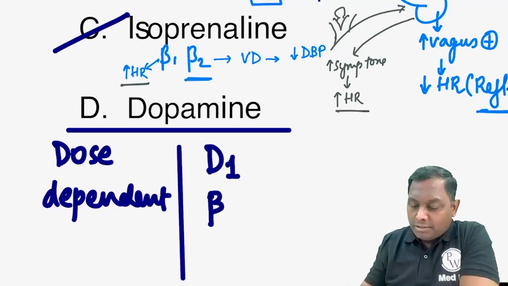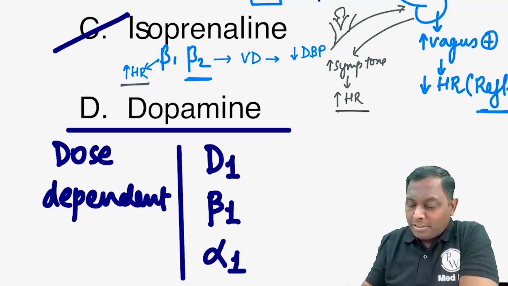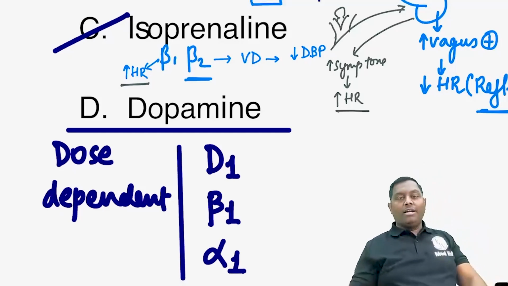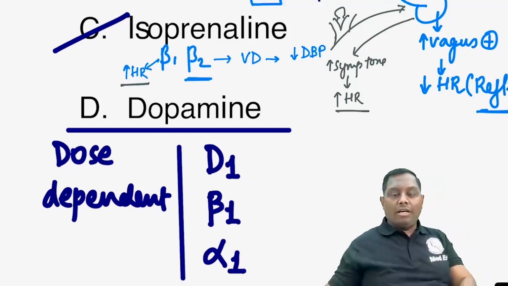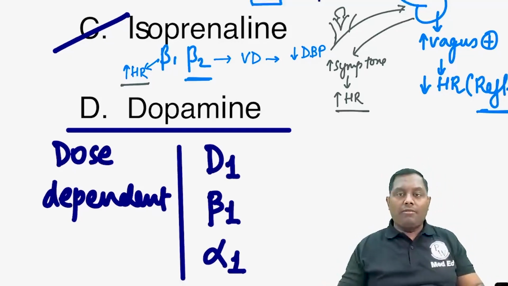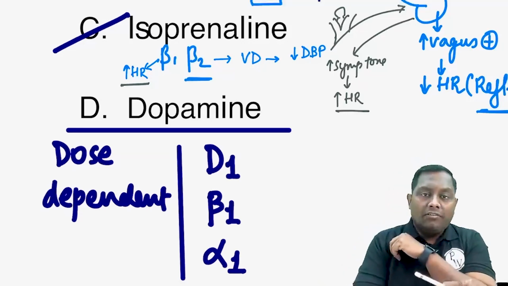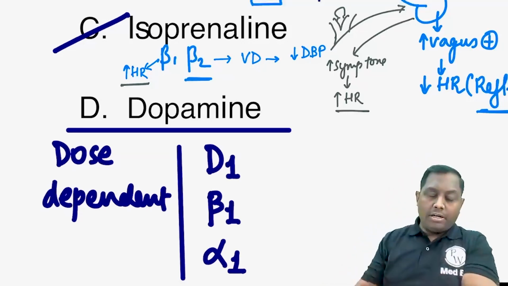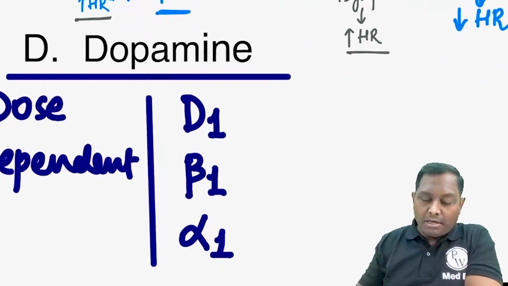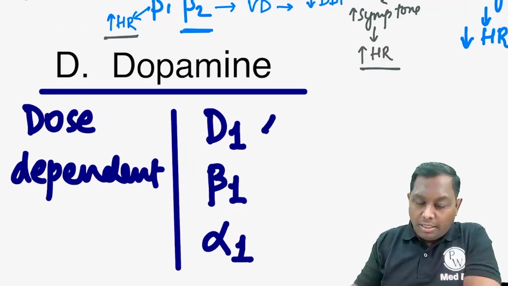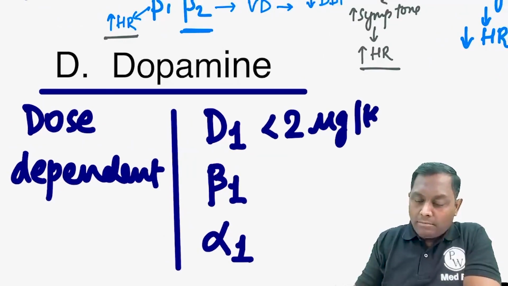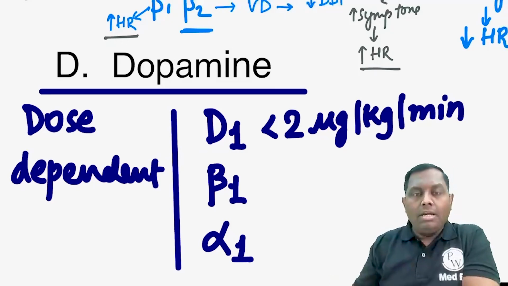I always call them very fondly dabba because they are working mainly on the D1, beta 1 and alpha 1. Dabba is a very, very simple mnemonic where dopamine is working. D1, beta 1, alpha 1 stand for D1 in any dose less than 2 microgram per kg per minute. D1 will be stimulated.